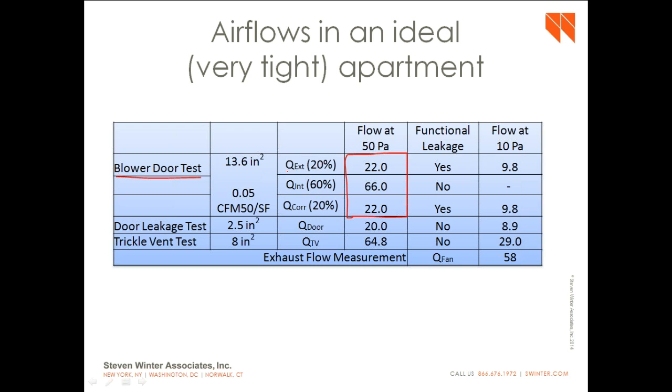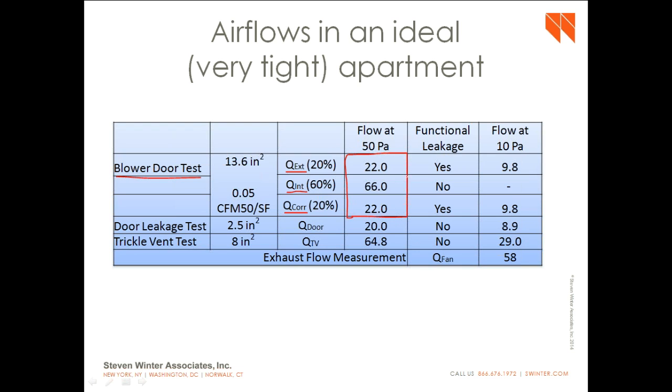So the exterior leakage might be 20% of the total blower door number, and the corridor wall might be 20% of the total. But the two interior walls and the floor and ceiling might amount to 60% of the total leakage. So that's how these are divvied up for this example.